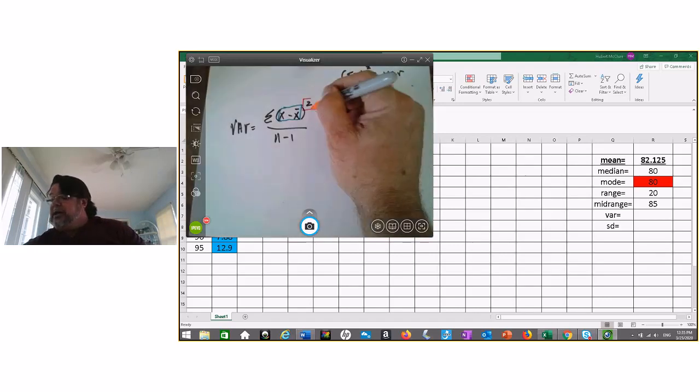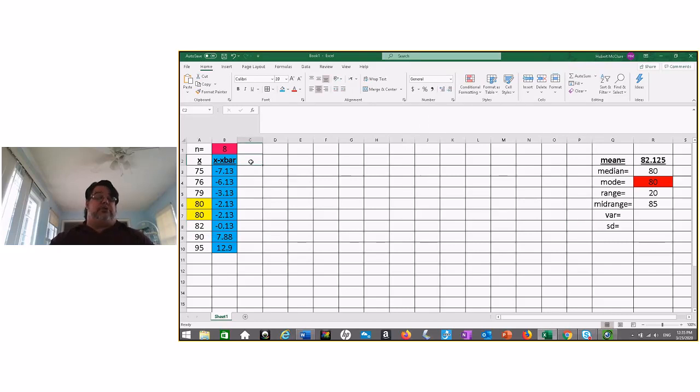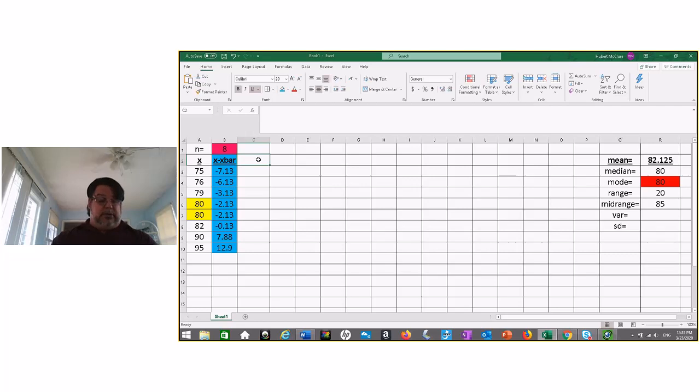Now I need to take my x minus x bar and I need to square it. So this is going to be called x minus x bar squared, parentheses x minus x bar to the second power.